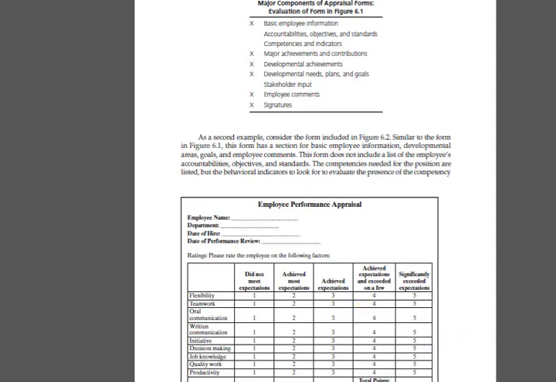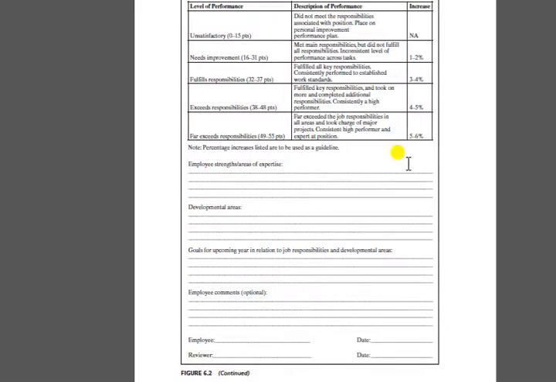can review it properly. Now, in the next stage, you can see that there are levels of performance and a description of performance, and there is an increase. They have mentioned certain points: if there is an unsatisfactory level of performance, they have rated it as 0 to 15 points, and if there is a need for improvement, they have included 16 to 31 points, and if it fulfills responsibilities, the points are 32 to 37.